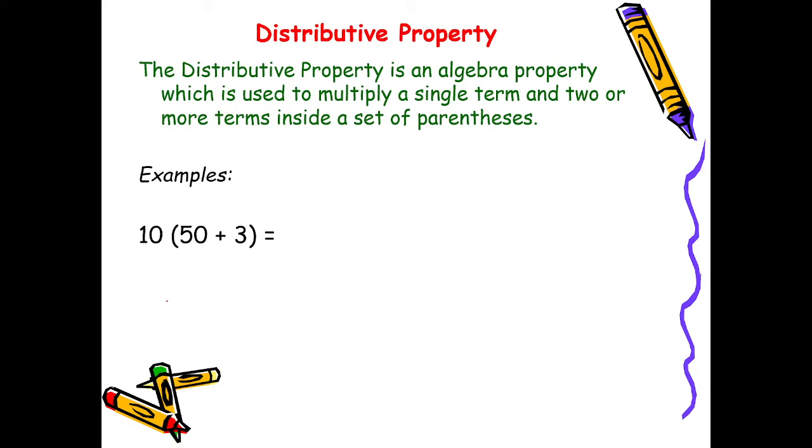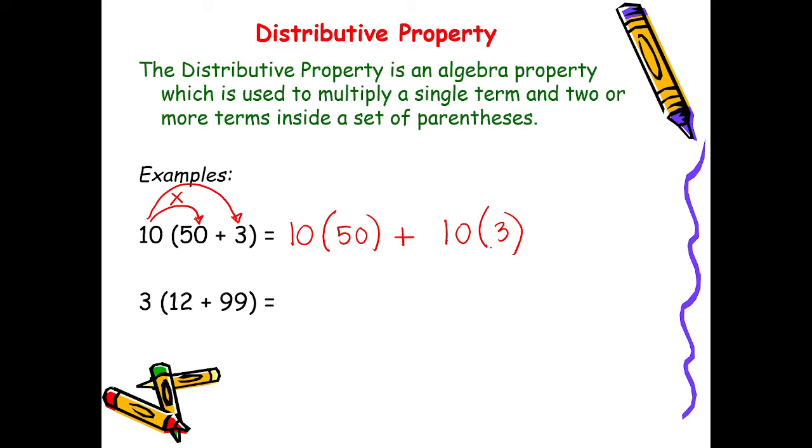What will we do here? You distribute. When I say distribute, 10 multiplied by 50. Then the operation is plus, so you write plus. Then 10 times 3. That's how you do the distributive property.